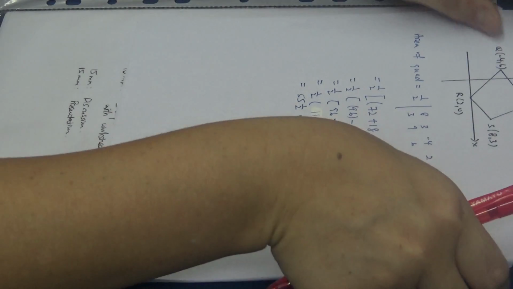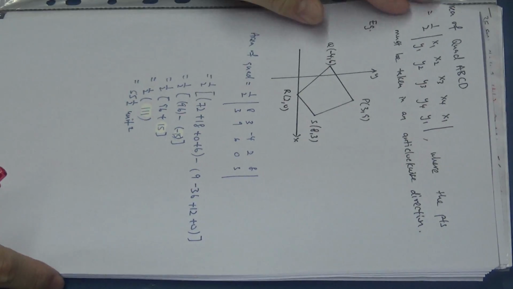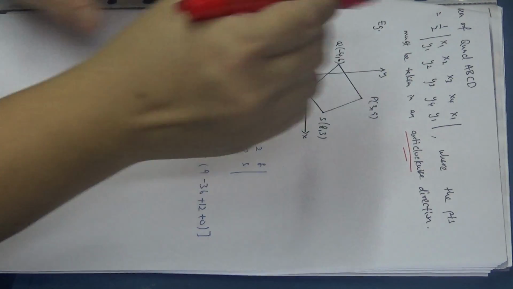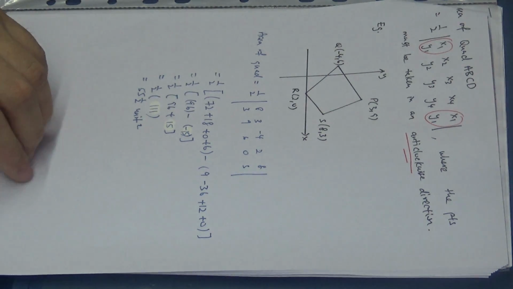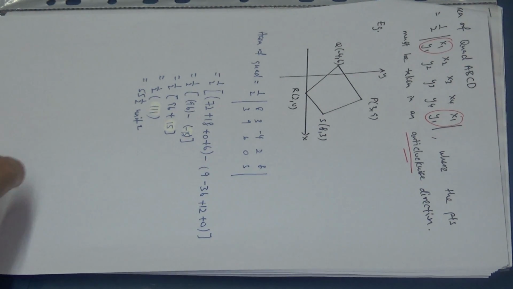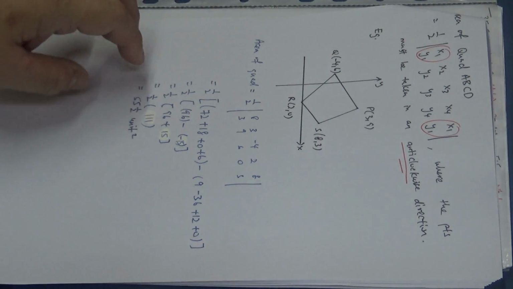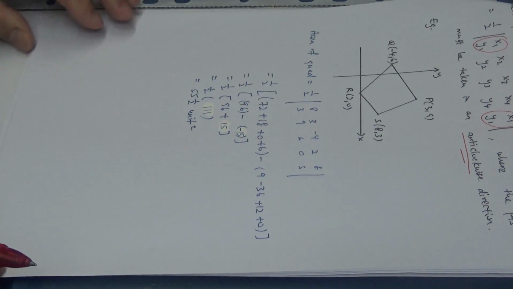Okay? Now, likewise, if we have an area of a quadrilateral, you are also to go in an anti-clockwise direction. Make sure the first and the last is the same point. And you can apply the formula accordingly. Okay, now let me just give you an example. For example, you are given this quadrilateral.